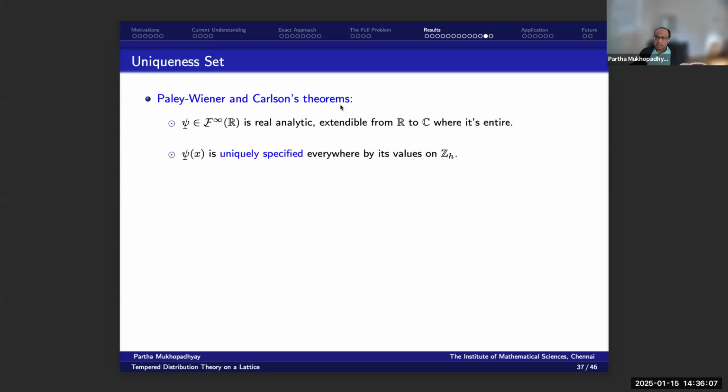It turns out that according to Carlson's theorem, such a function has a uniqueness set which is precisely the lattice. That means that if you take a function like that and specify it on the lattice only, it uniquely determines the function everywhere in the continuum.